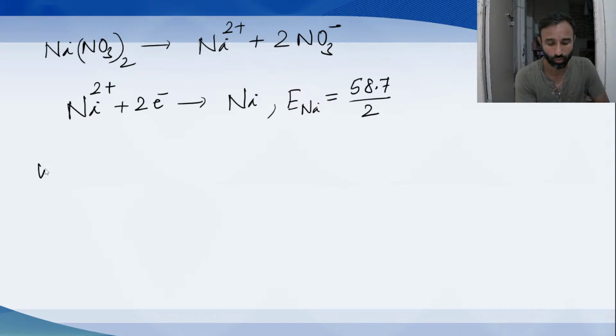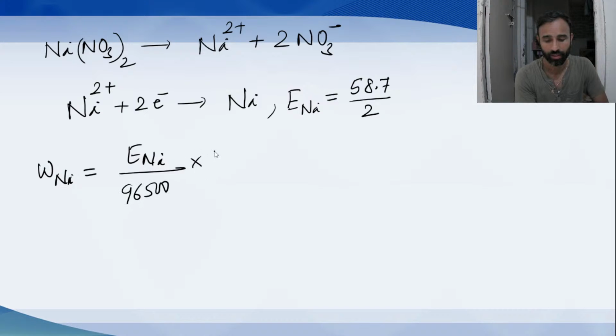So weight of nickel deposited is equal to equivalent weight of nickel divided by 96,500 into I into T.